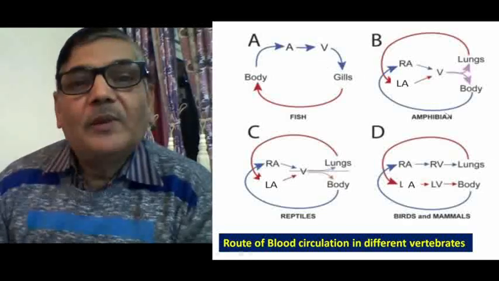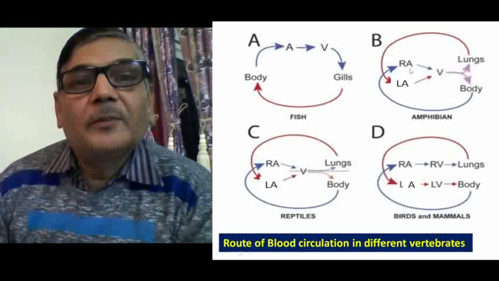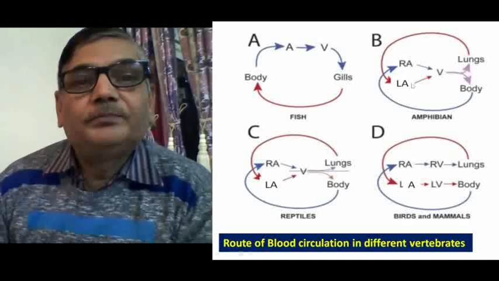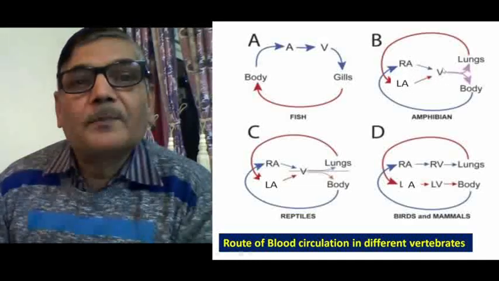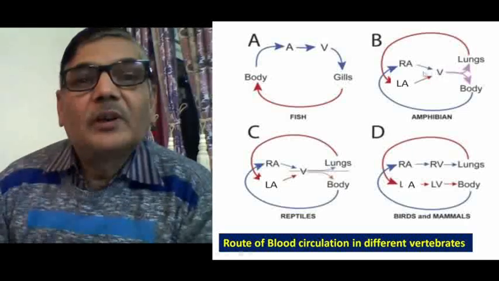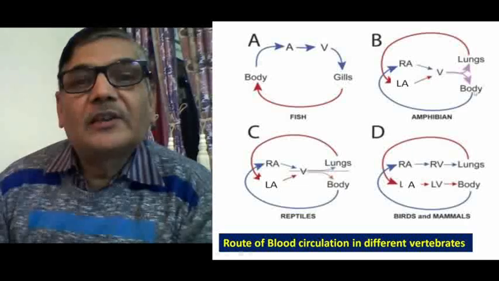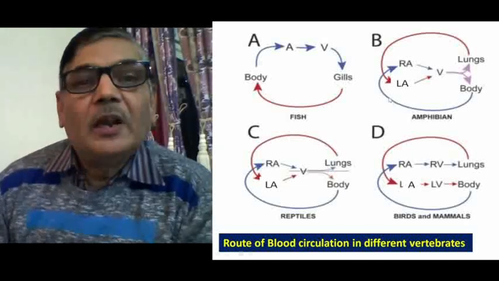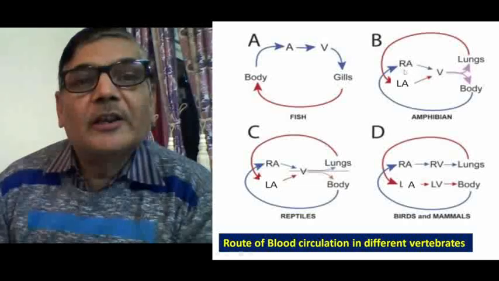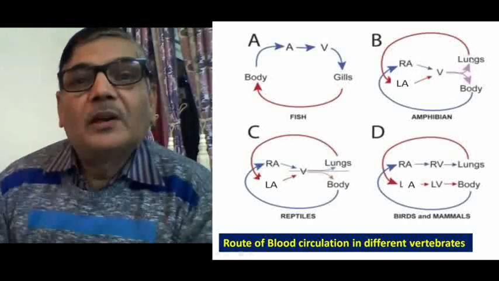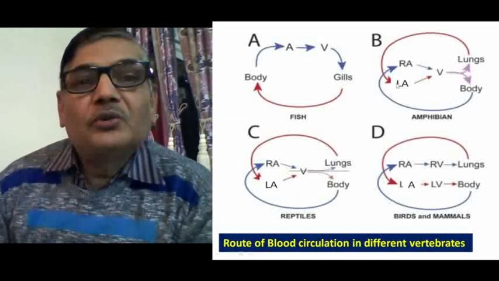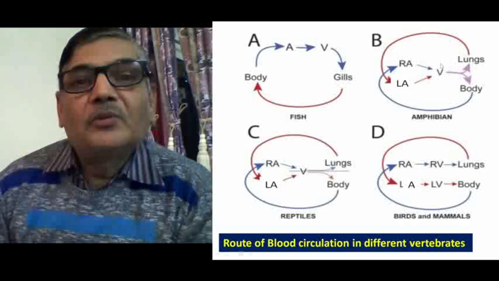In case of amphibians, the heart is three-chambered. That is, there are two auricles and a single ventricle. And here in case of amphibians, the impure blood that gets collected from different parts of the body is poured into the right auricle. And the pure blood or oxygenated blood comes from the lungs to the left auricle. And when the auricles contract, then the blood is pumped to the ventricle.